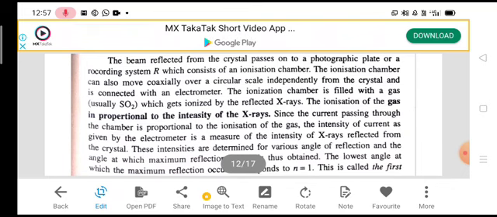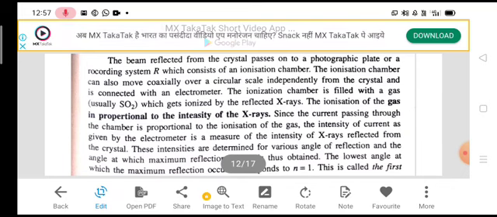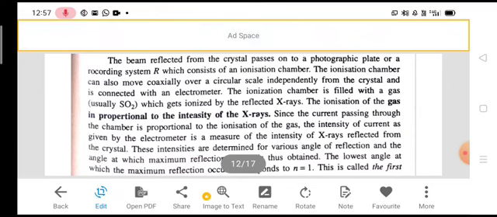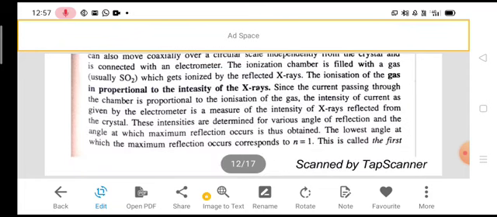Since the current passing through the chamber is proportional to the ionization of the gas, the intensity of current as given by the electrometer is a measure of the intensity of the X-rays reflected from the crystal. These intensities are determined for various angles of reflection, and the angle at which maximum reflection occurs is thus obtained.